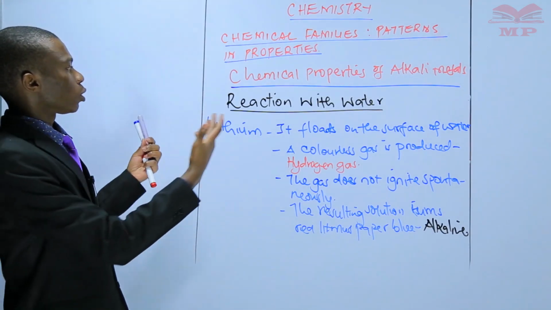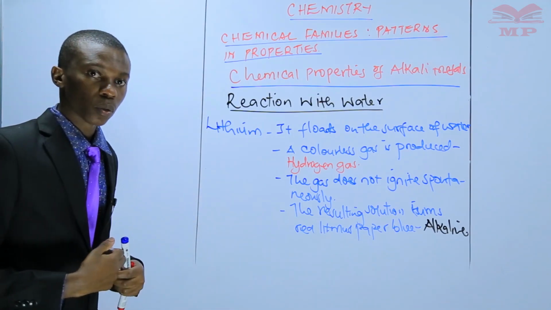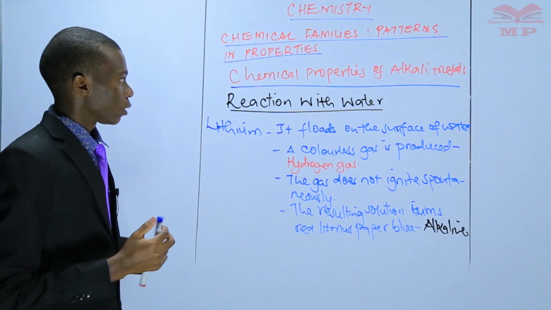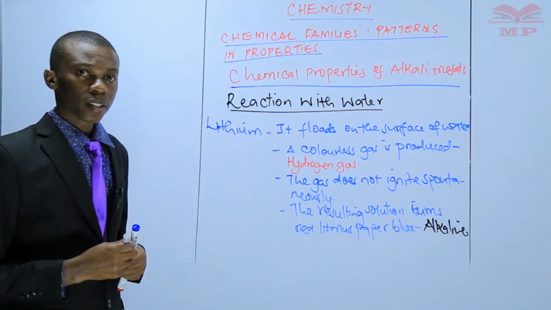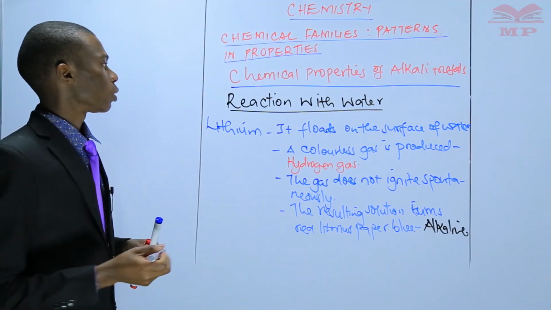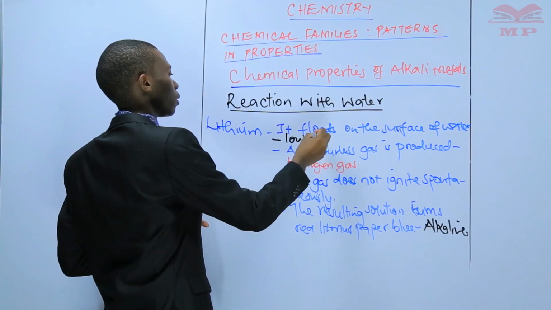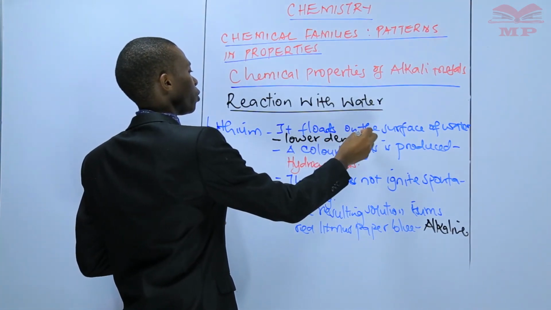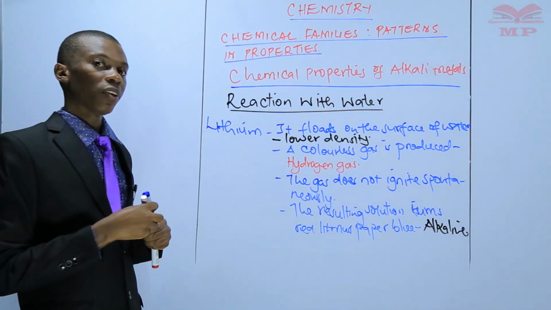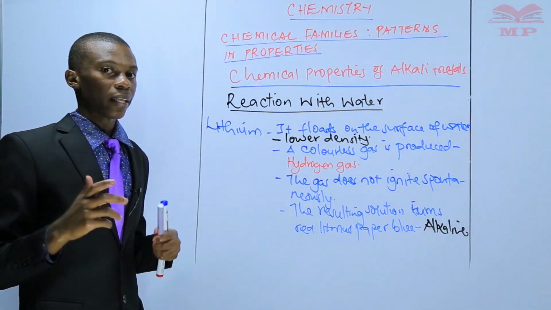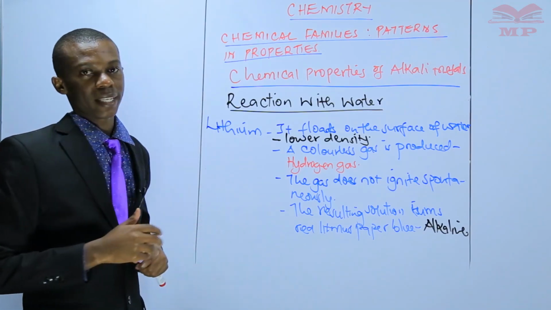So therefore, this is what you expect to see when you place a piece of lithium metal in water. First, it floats on the surface of water. And the reason why it floats is because it has a lower density. The density of lithium is lower than the density of water, and that's why it does not sink, it floats on the surface.